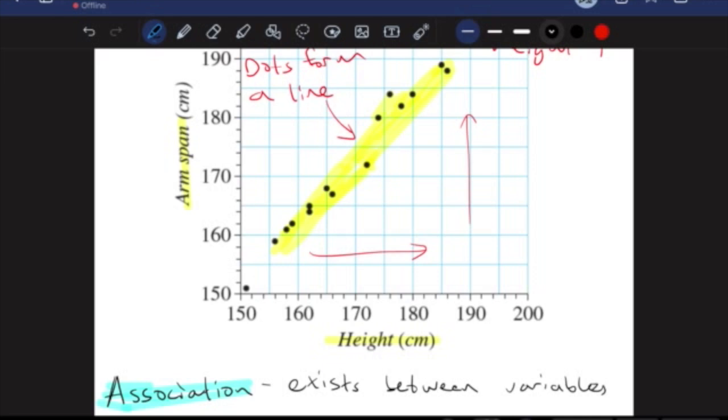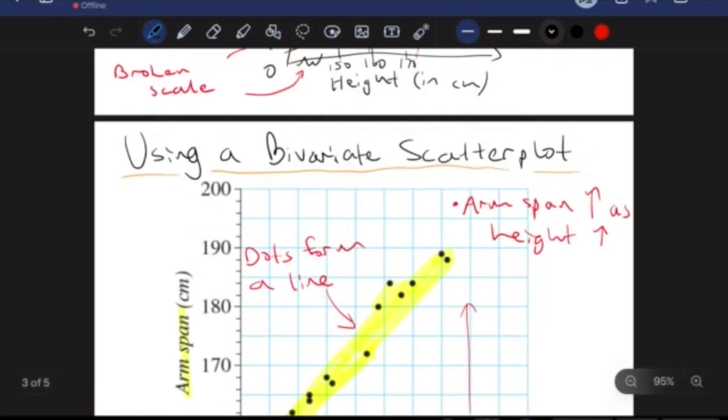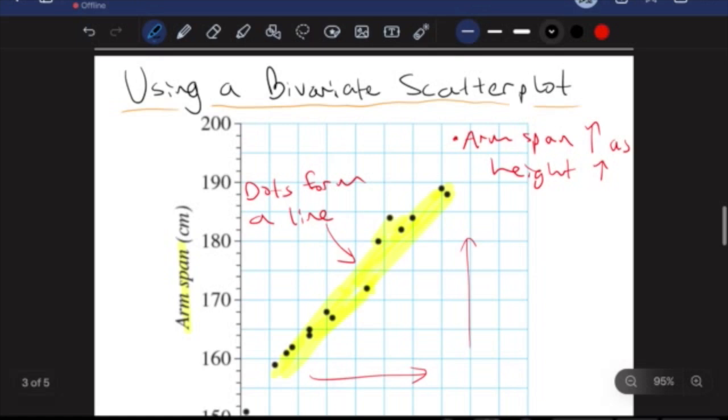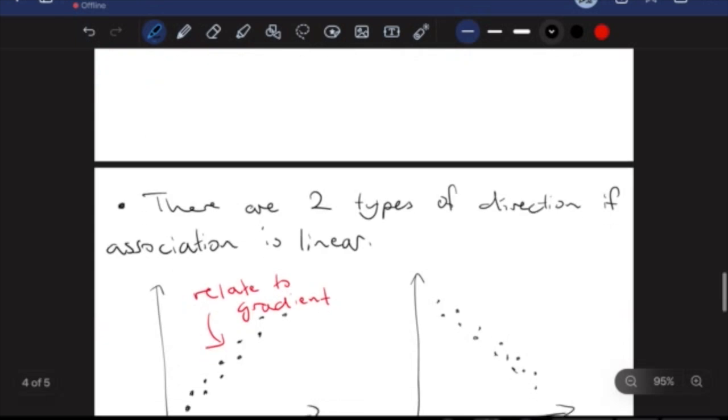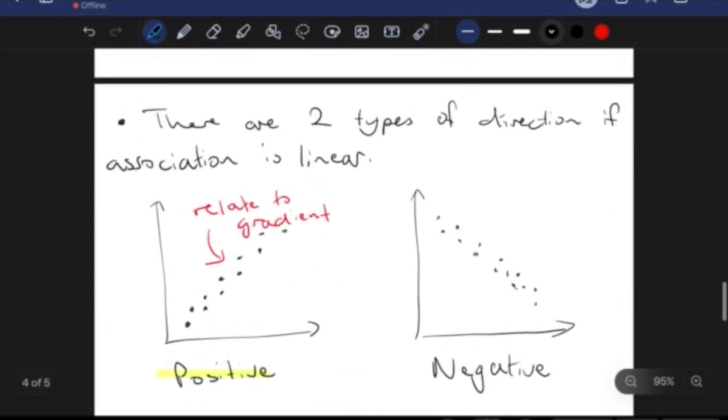So these are the main key ideas when we want to use a bivariate scatterplot to discuss the association between variables. These key ideas we've talked about is, first of all, a direction of association. Is it positive or negative? This relates to our gradient.